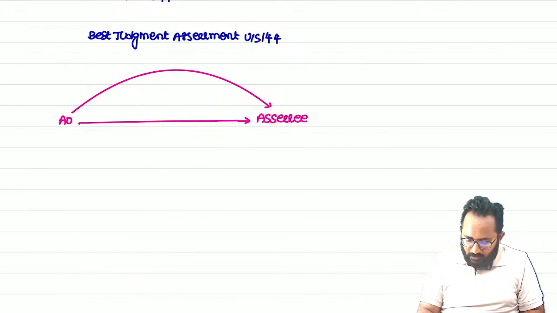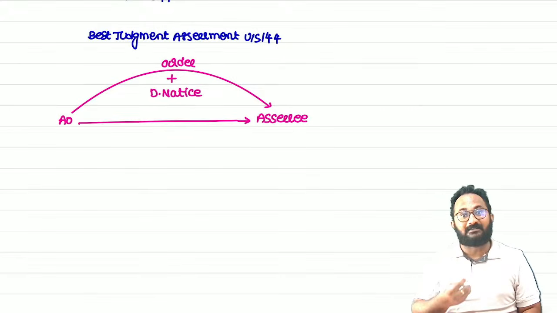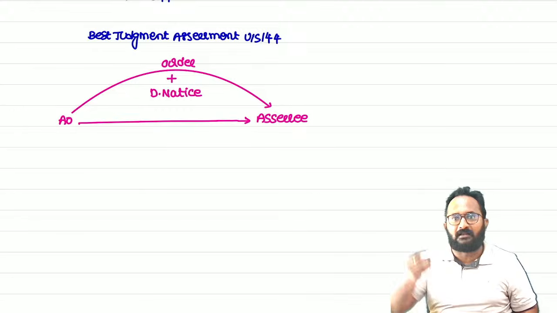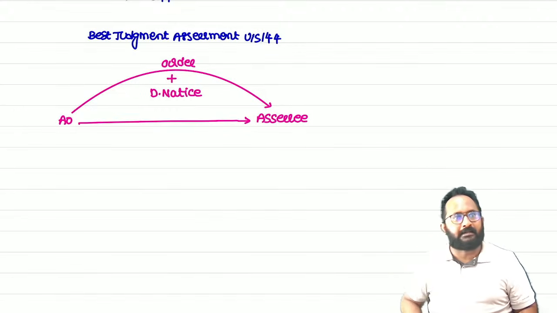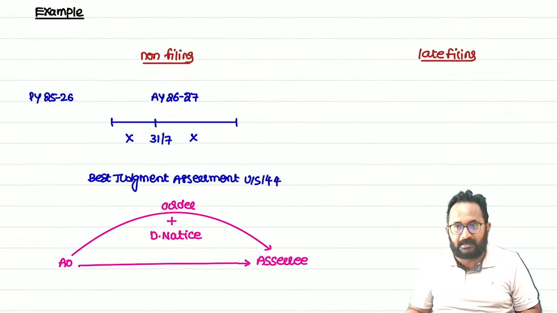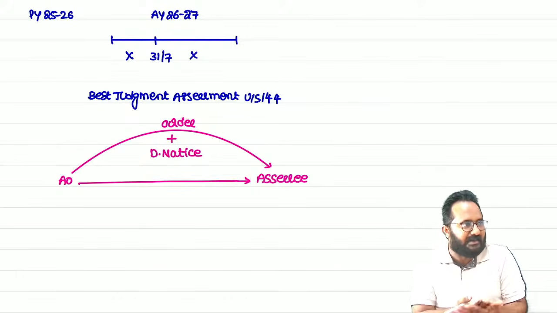Along with this order, what will he send? The DN, the demand notice. It says you are required to pay this much tax as well as this much interest. Why will he calculate the interest? You have not filed the return, right? Who will calculate the interest here directly? The AO, because the assessee has not filed anything.